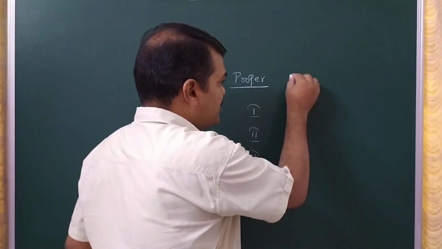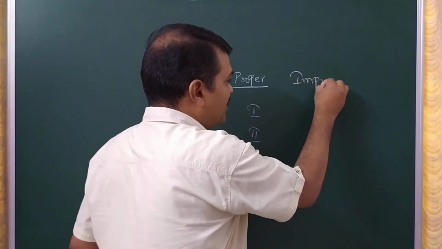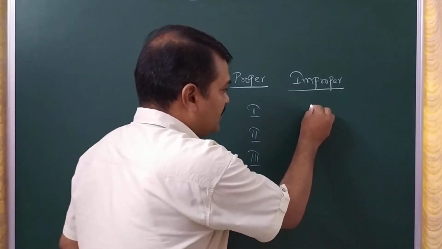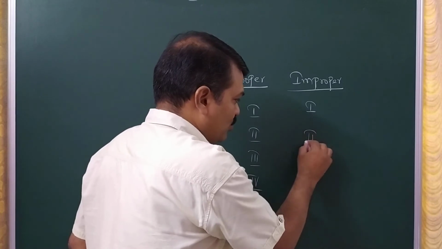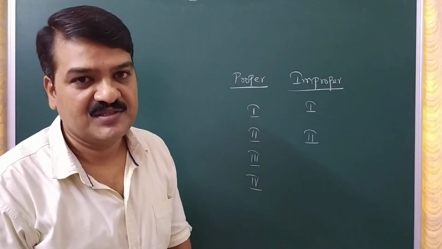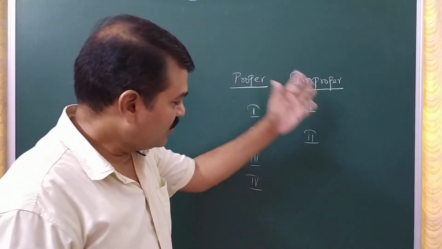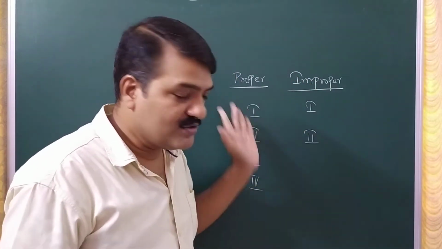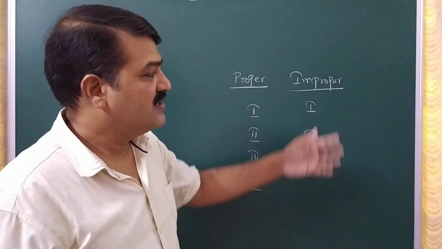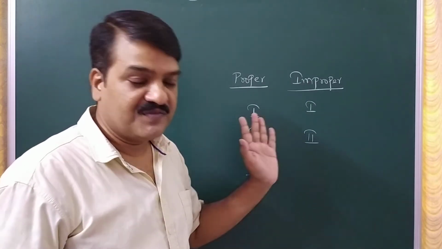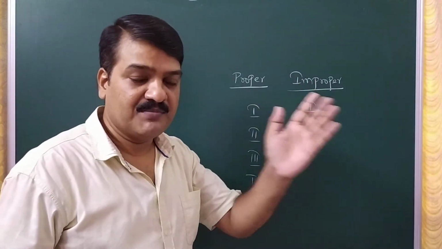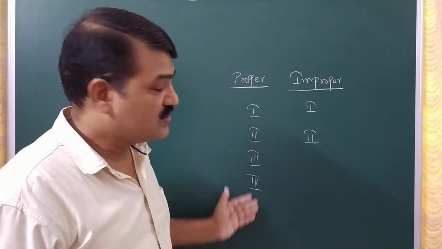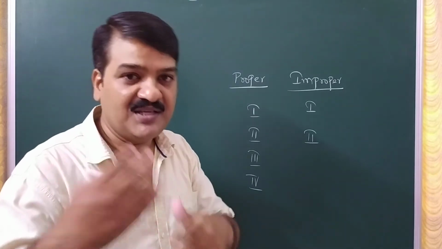If the question given to us is an improper fraction, then there are two cases to be discussed in improper fractions. So basically, in total you have 6 different models when we are trying to split into partial fractions. First you have to see whether it is proper or improper. If it is proper, we have 4 types in that. So you have to see under which category the question falls.